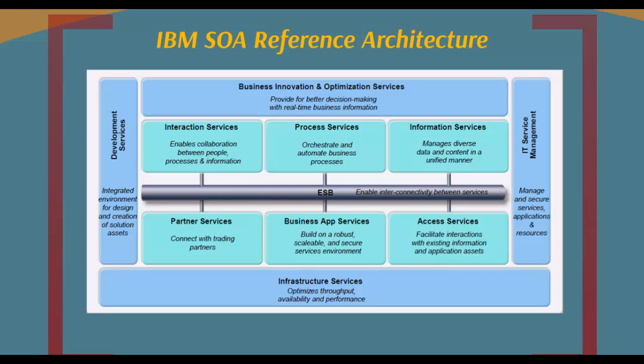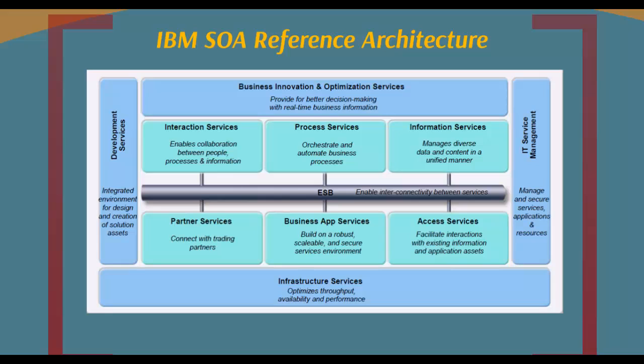Service-oriented architecture is composed of the best of all those things. It has the good of object-oriented analysis and design, and it has the good of Zachman's model as well, which deals at the enterprise level.